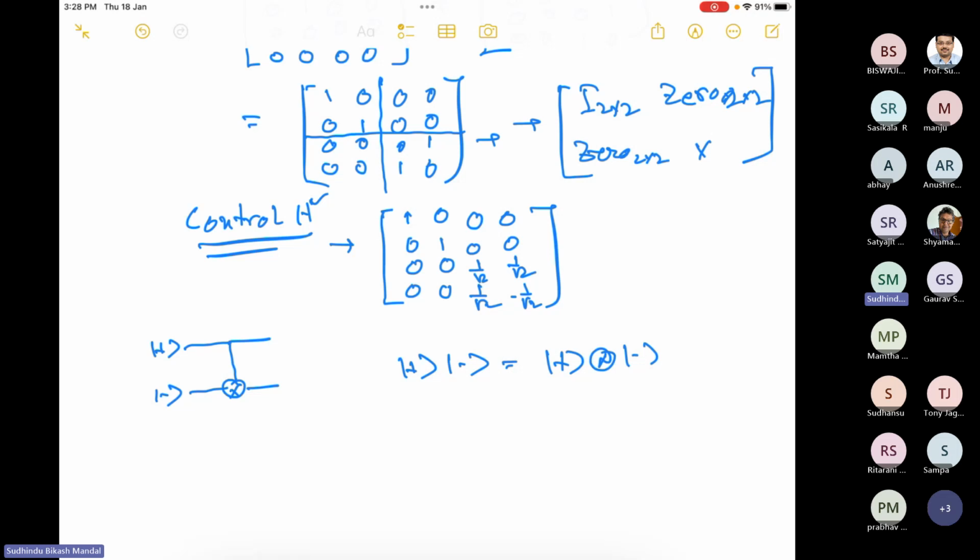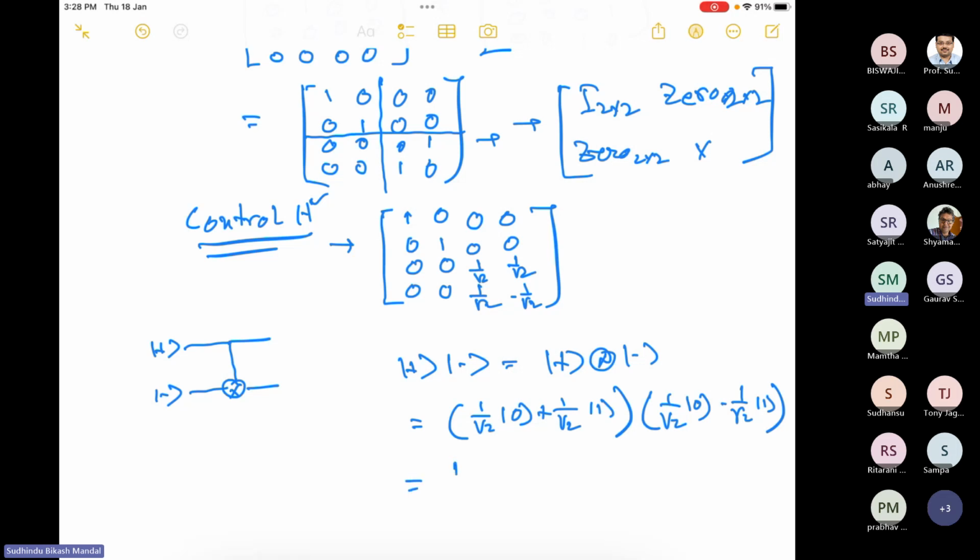Okay. Now, what is this scenario? 1 by root 2, 0 plus 1 by root 2, 1, and 1 by root 2, 0 minus 1 by root 2, 1. Okay.